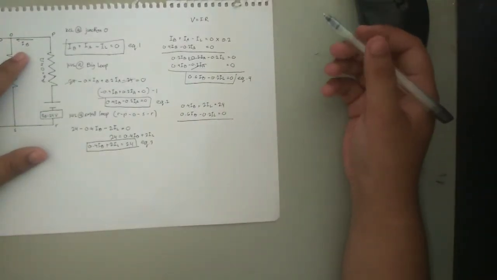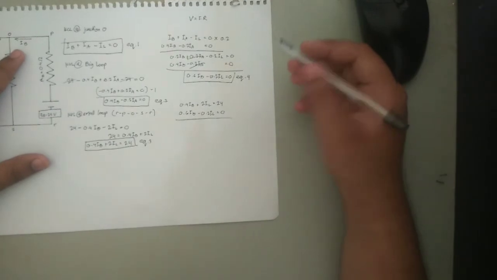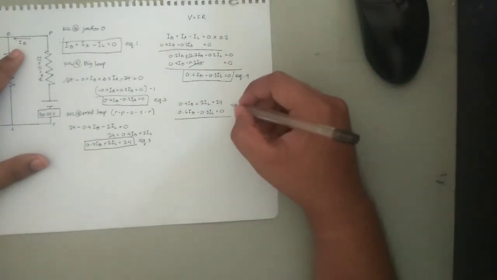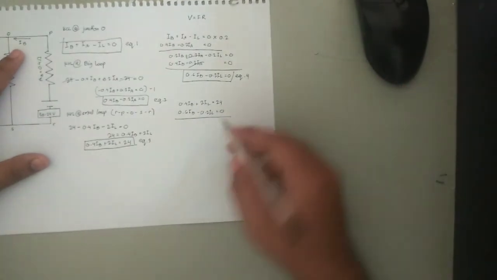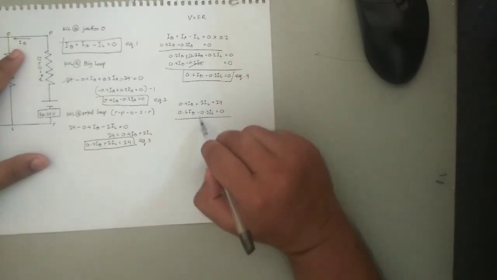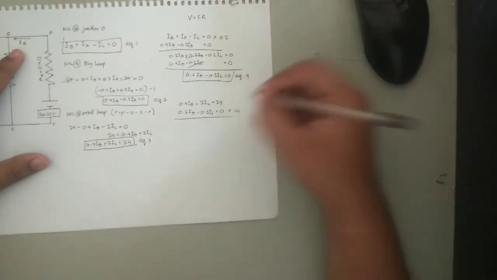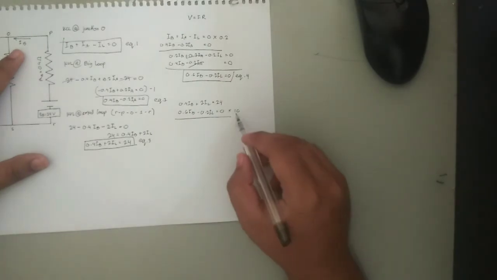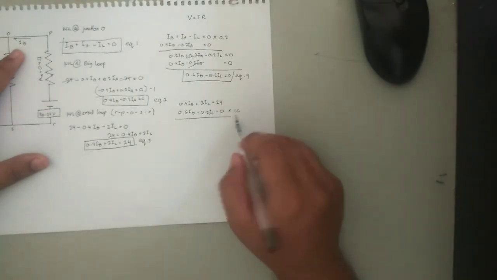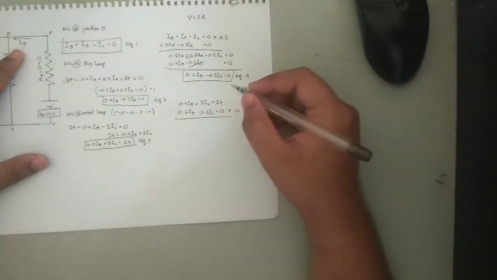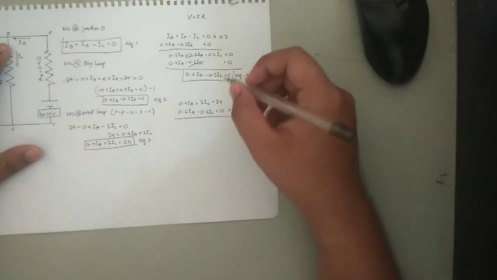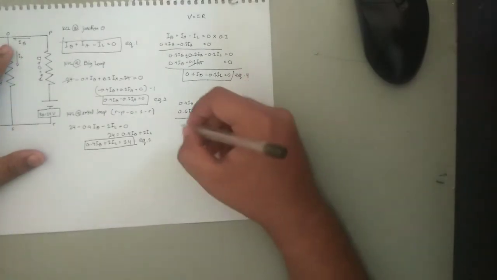Okay, we are still going to eliminate a variable. So what are we going to do? We're just simply going to multiply the equation number 4 with 10. Okay, 0.6 times 10, that's going to be 6.